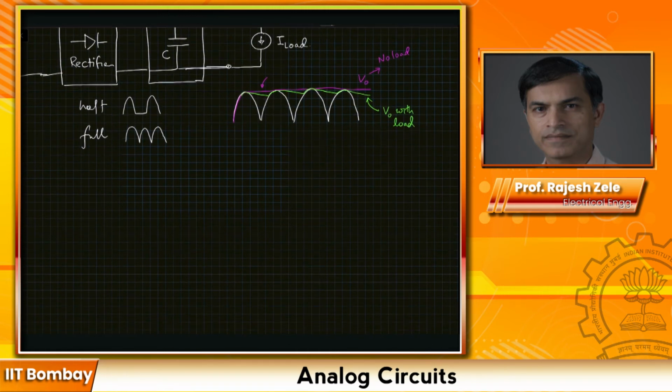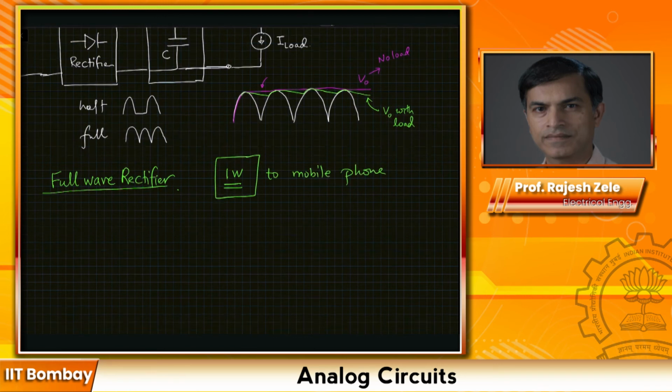So we are doing a full wave rectifier, and we would like to deliver 1 watt of power to your mobile phone. So this 1 watt number is important in the design of your charger. If you take your charger and maybe use a magnifying glass, at the bottom of the charger you will see a few numbers.